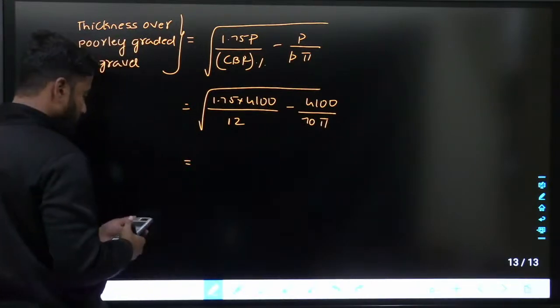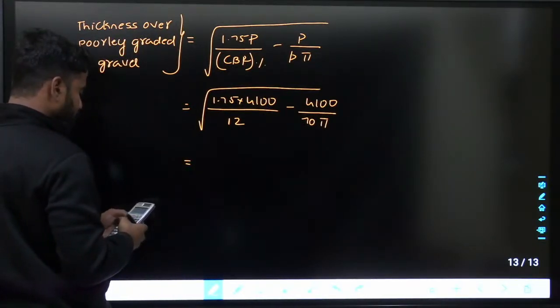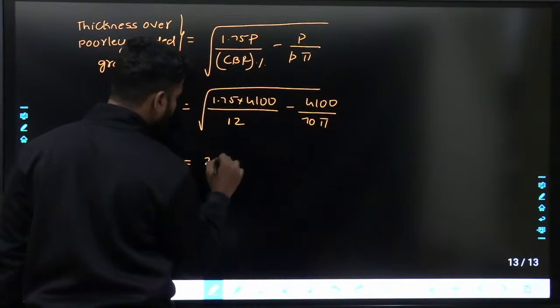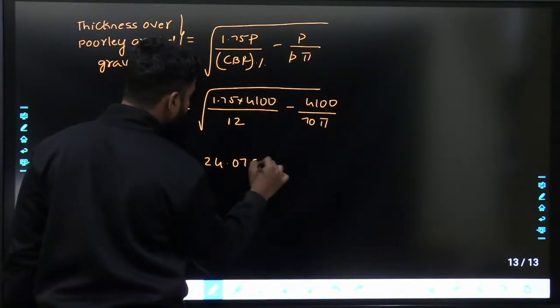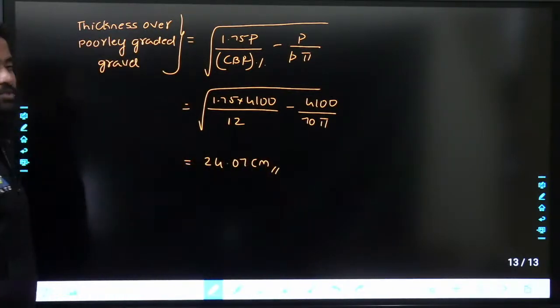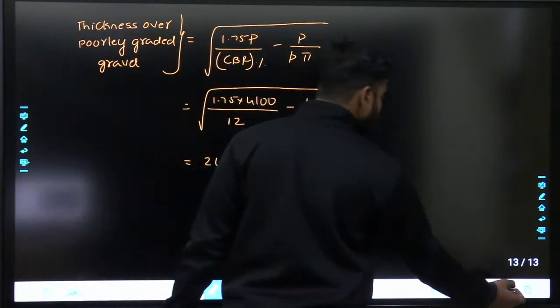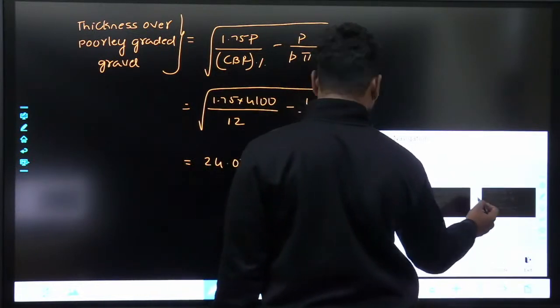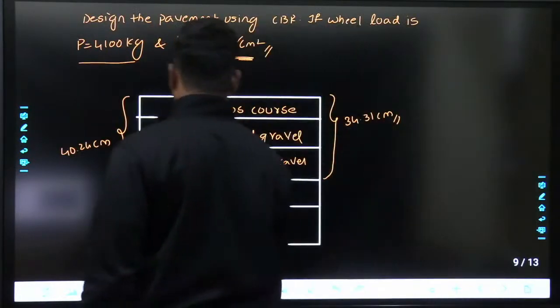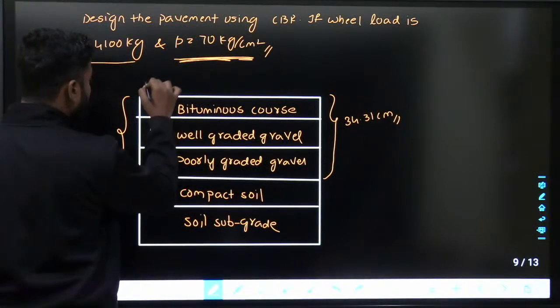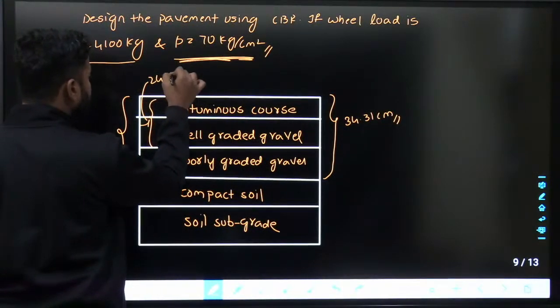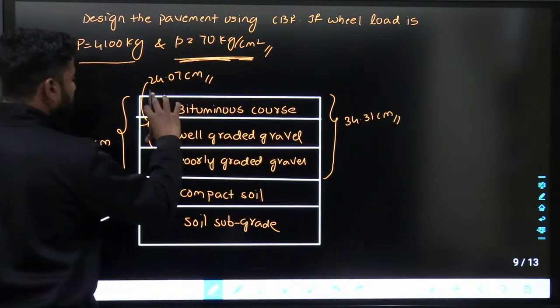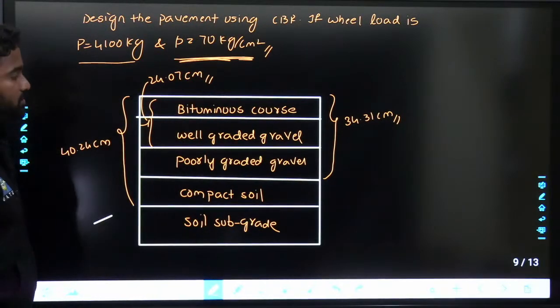The value would be 24.07 centimeters. This thickness is 24.07 centimeters.